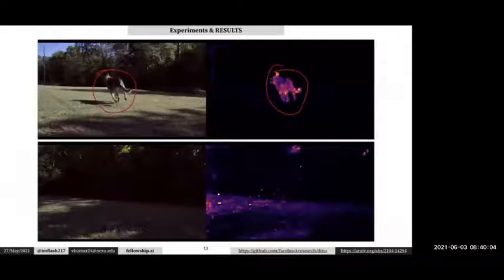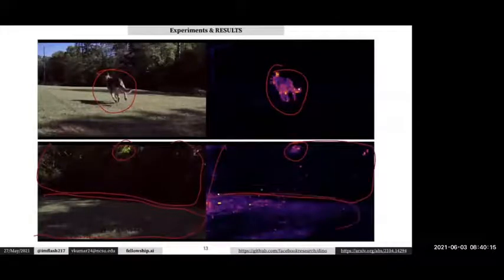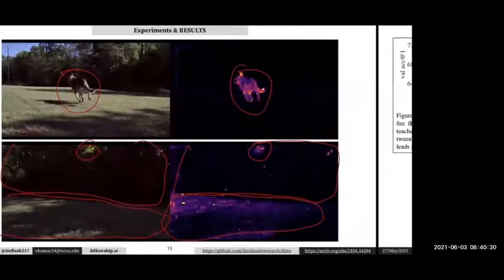Once the dog exits, you can see these regions get focused, and this ground is separated from the top. You can see that the top is no more existent and the ground is focused. So it has the ability to distinguish between different sections, as we see in the image segmentation task, even though it was never trained on image segmentation.